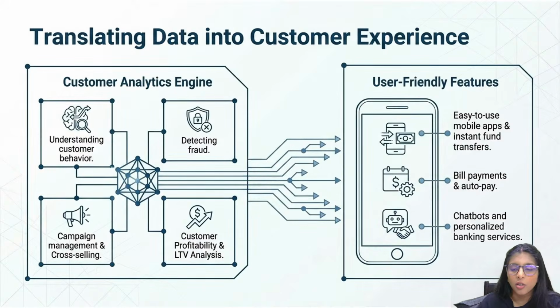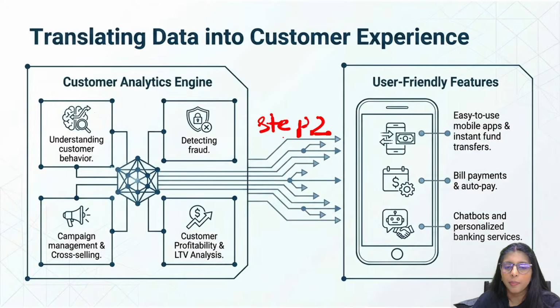Campaign management and cross selling is basically suggesting relevant offers like loans, credit cards, etc., which target the customer with personalized campaigns. This customer analytics engine is step one. Step two is data flowing into the application.